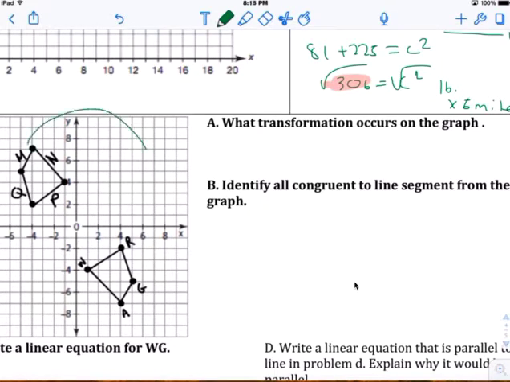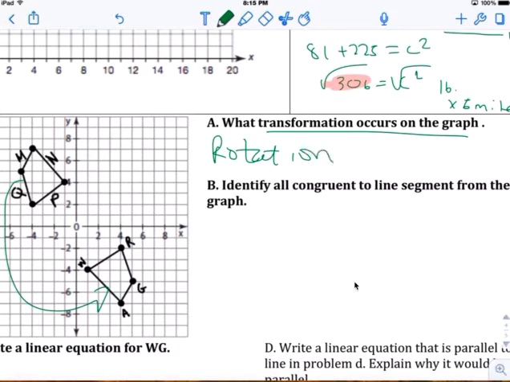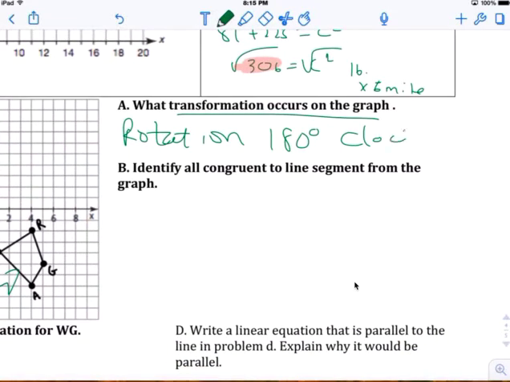It's 180 degrees clockwise, or you can say 180 degrees counterclockwise. That's the transformation that occurs there. So a rotation of 180 degrees clockwise.